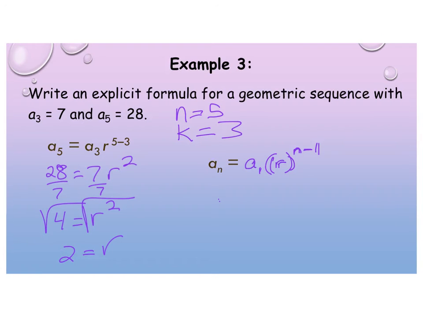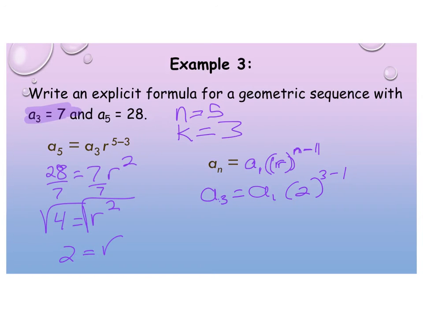So I know that a sub 3 is 7. So if I use that, a sub 3 is equal to a sub 1 times 2 to the 3 minus 1.